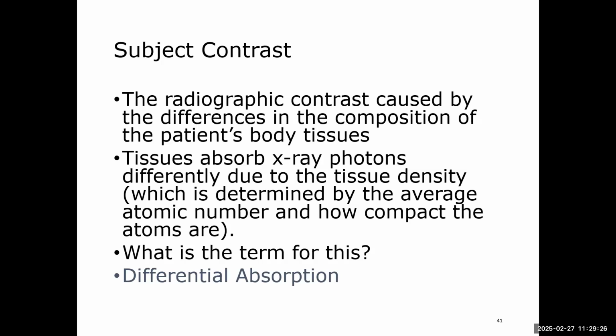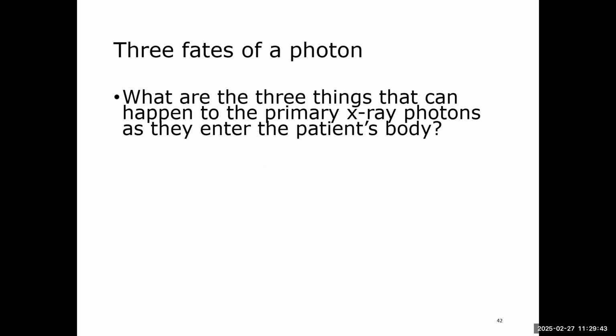And subject contrast is controlled by what did we say? KVP. Because subject contrast will change depending on if you're using really high KVP or really low. We talked about the three fates of a photon. Poor little things. What are the three things that can happen to a photon when it's delivered?